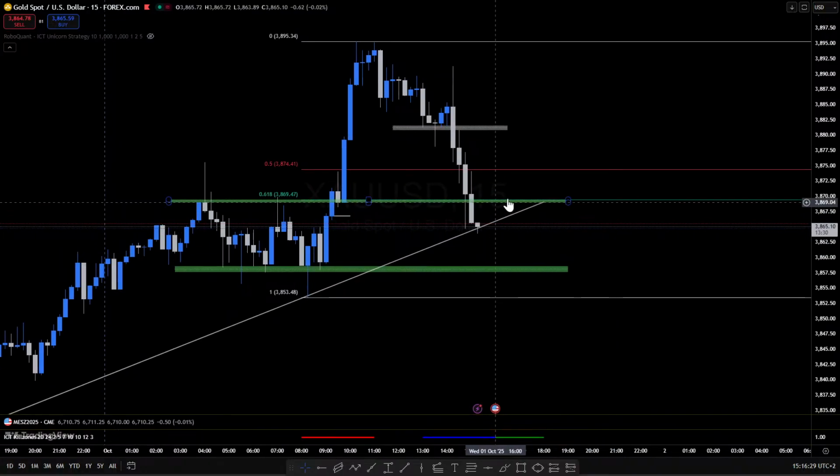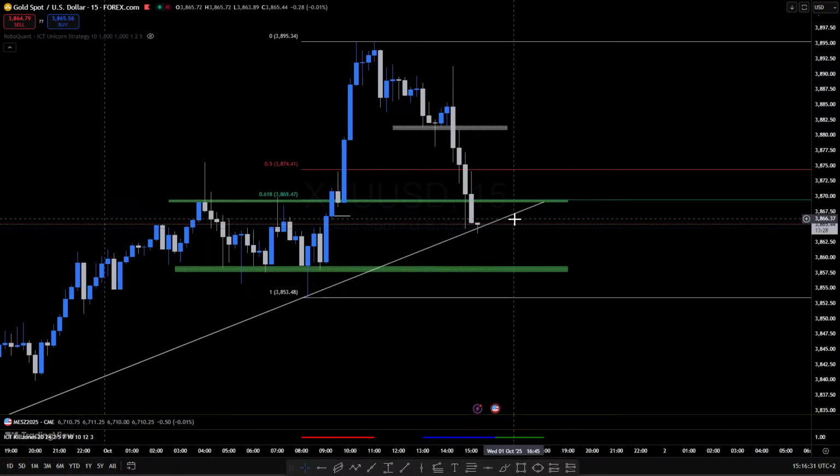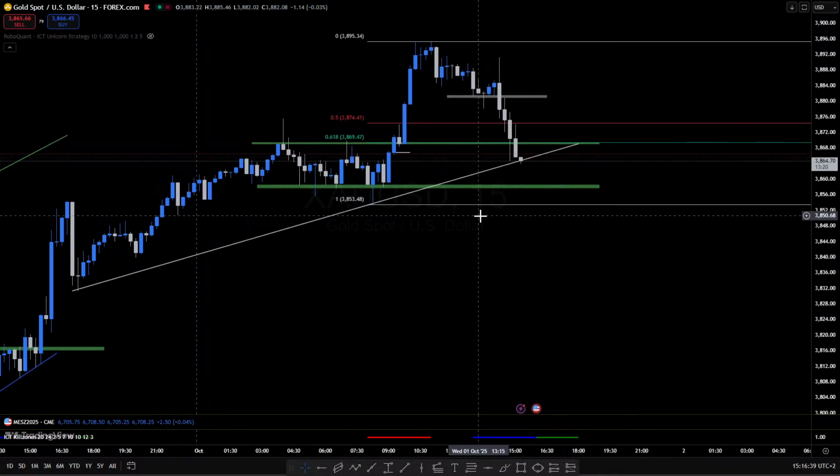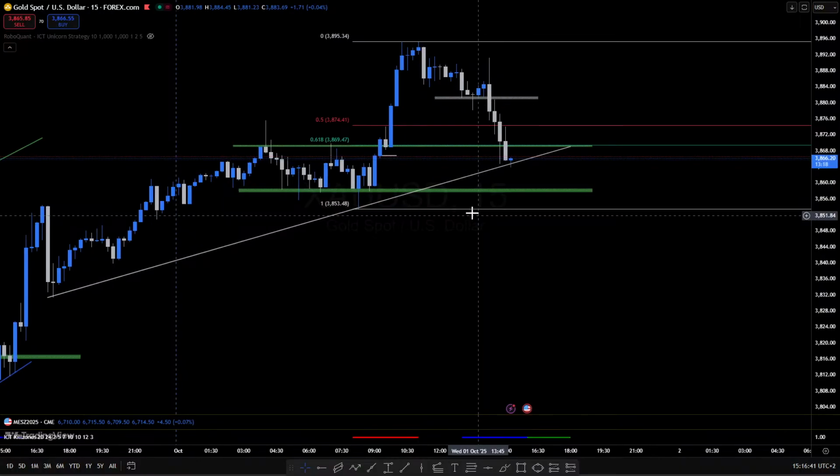We just came back in the range. Probably we are about to. We don't have any clear readings right here. We just kind of have to wait.